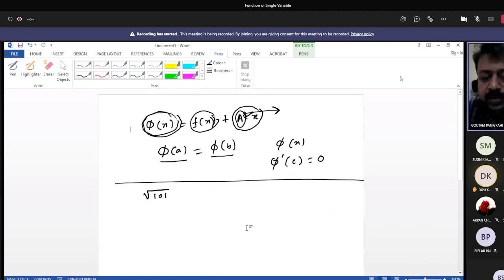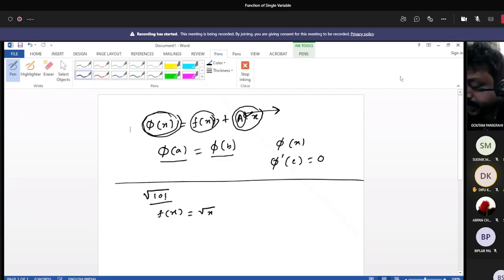Next is root of 101. What you have done? You have first of all assumed that f of x is root of x, similar to the value that you have to calculate.